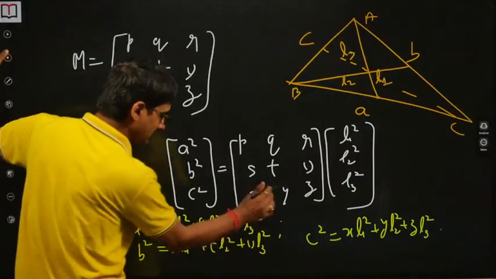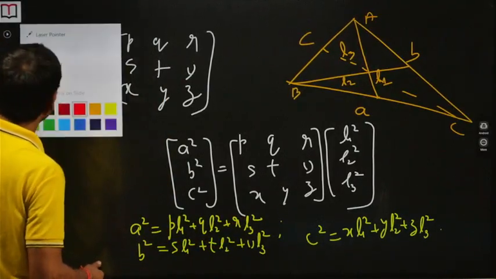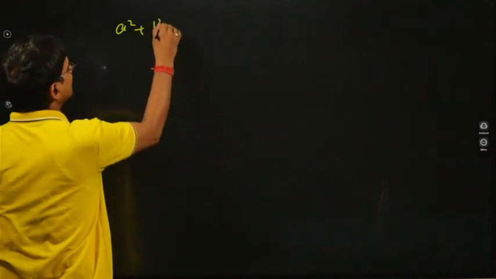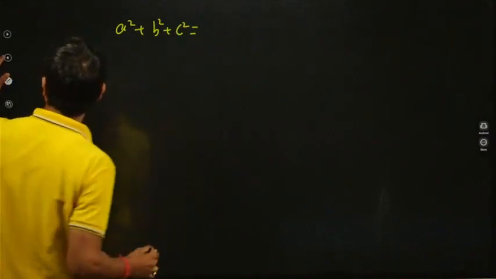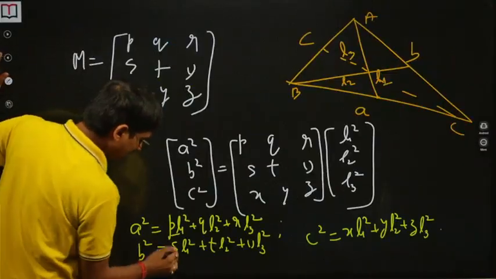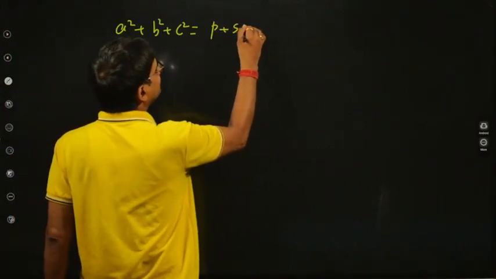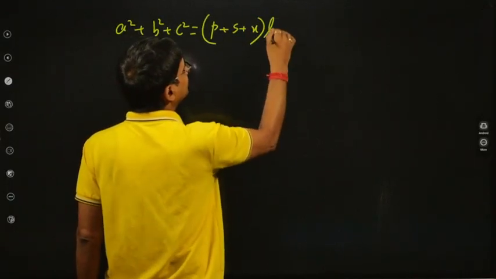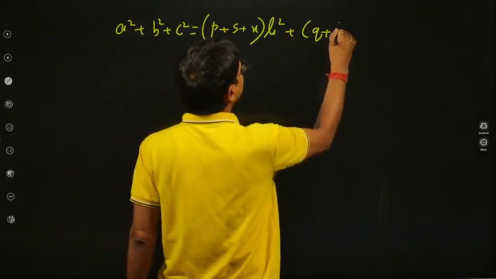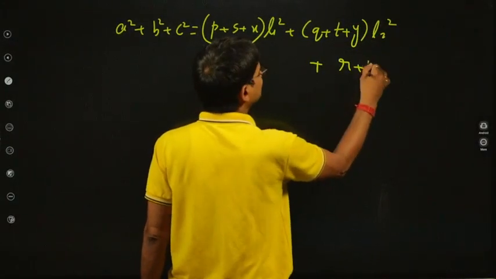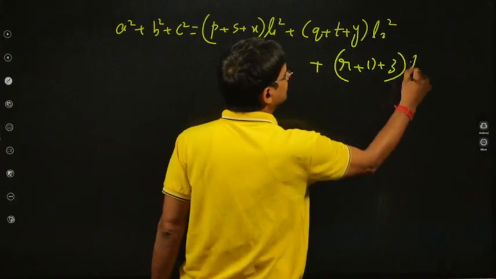If I add all of them, we will get A square plus B square plus C square is equal to P plus S plus X times L1 square, Q plus P plus Y times L2 square, R plus U plus Z times L3 square.